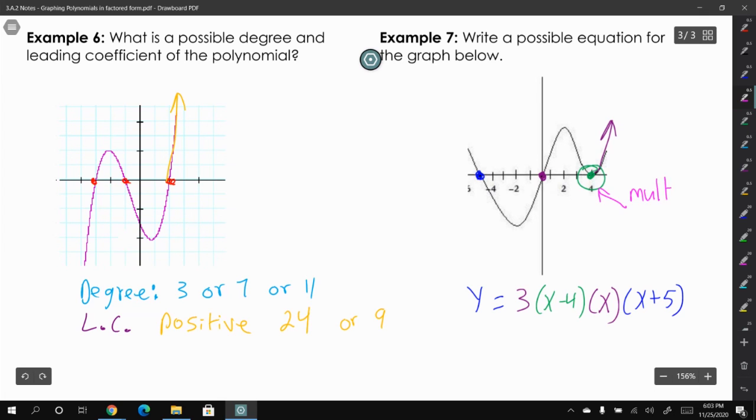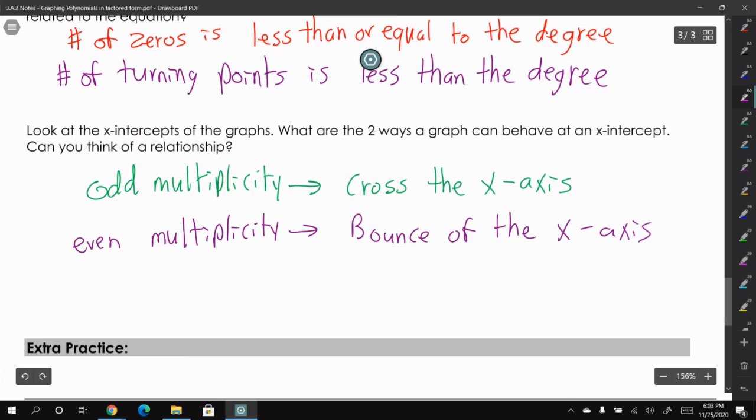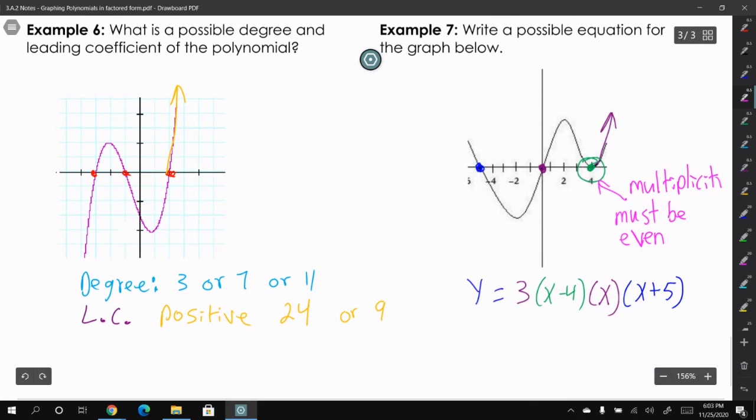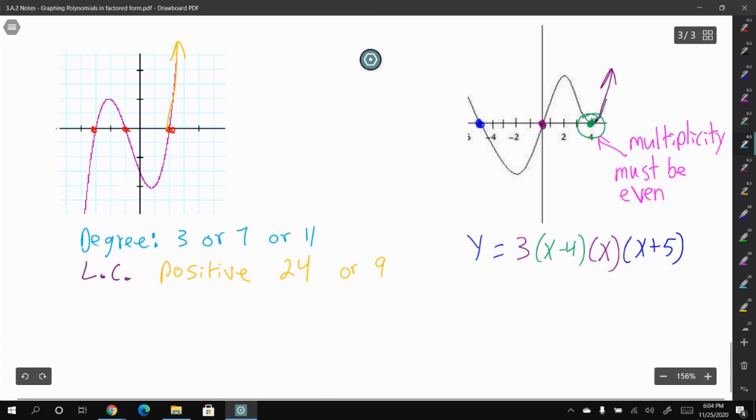So the exponent here, the x minus 4, has to be some even number. It could be any even number you want.